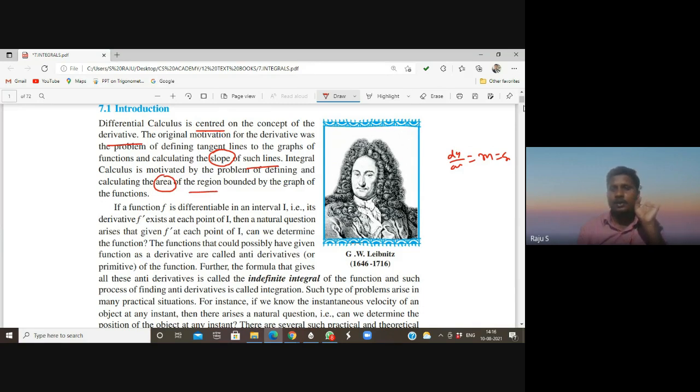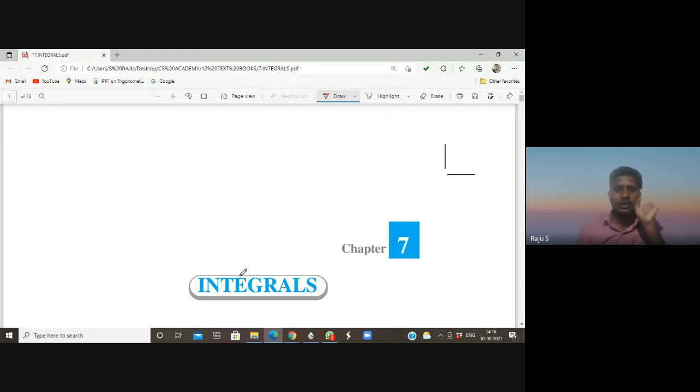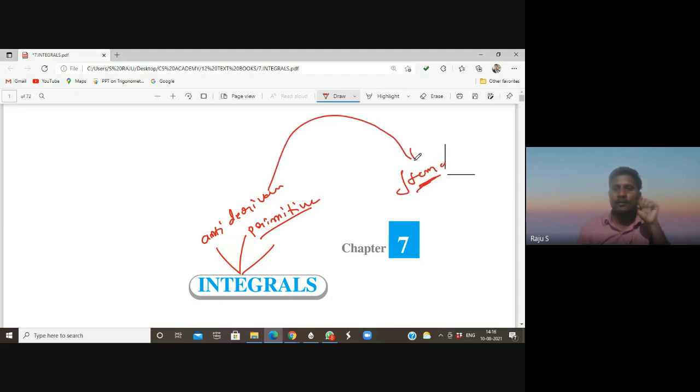So in integration also I told you two, three names. Integration, or this is also called antiderivative, or this is also called primitive of the function. Three names are there. This integral of f of x is called primitive of f of x, or antiderivative of f of x, or integral of f of x.